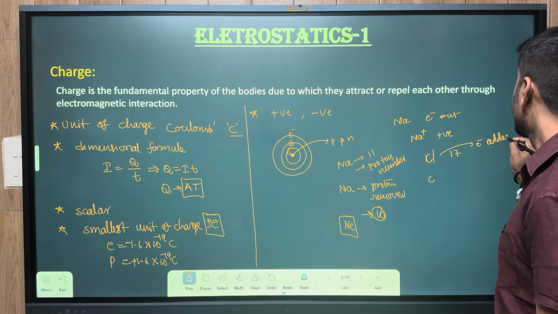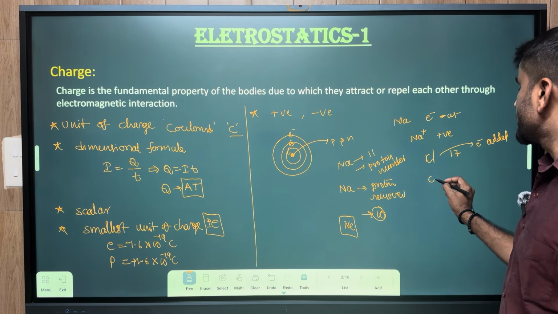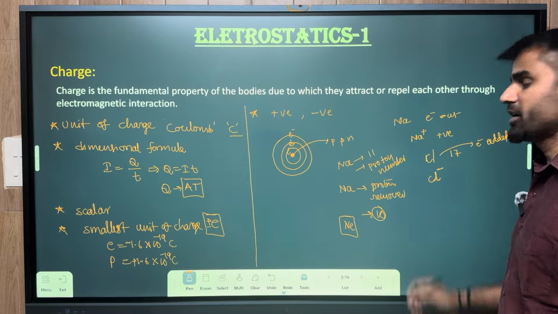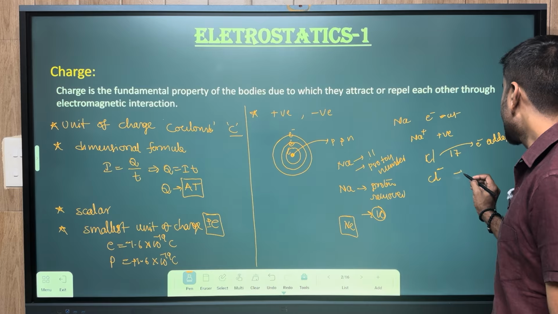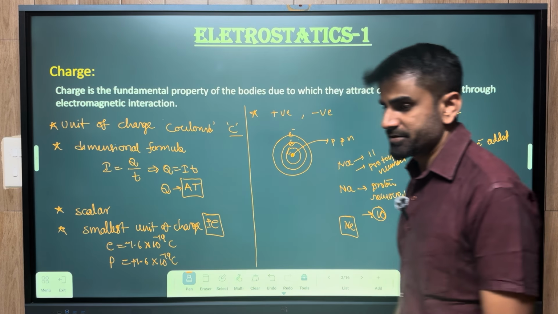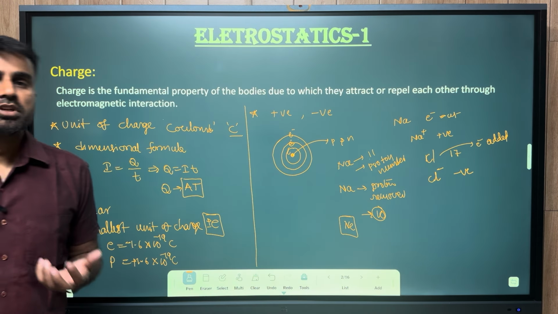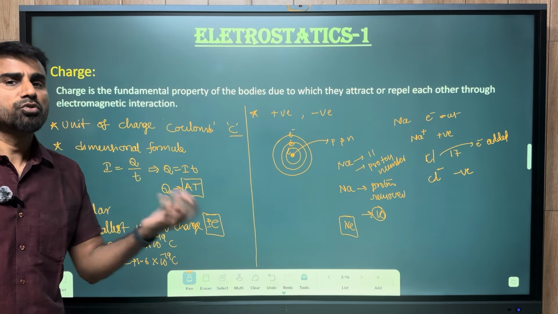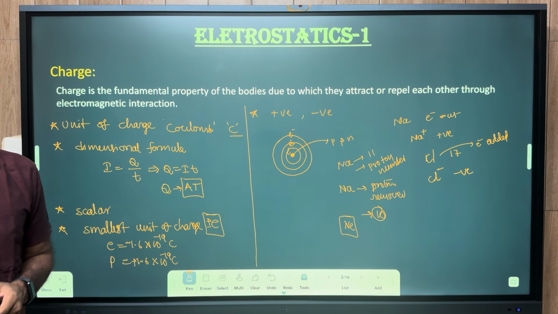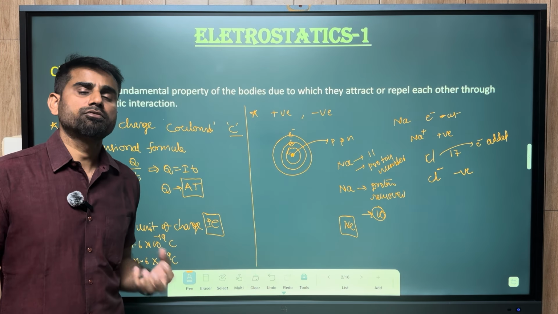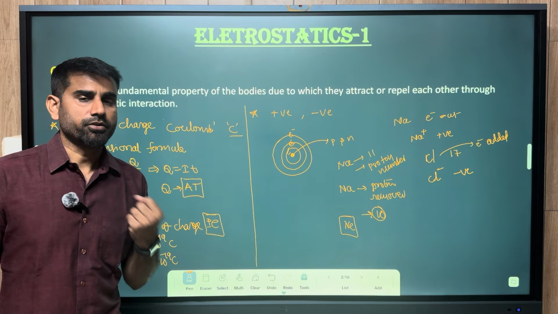If one electron is added, then Cl would become Cl minus. That means it becomes negatively charged. So the conclusion is, in order to make an object positively charged, I have to remove electrons. In order to make an object negatively charged, I have to add electrons.